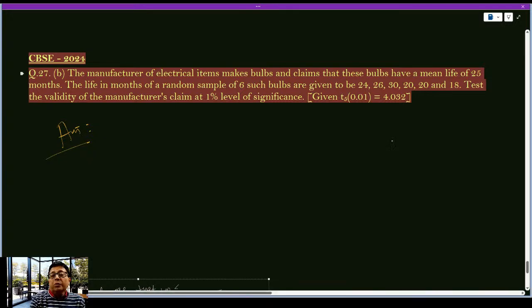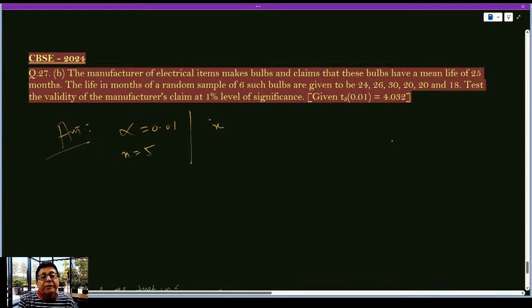So, what is alpha over there? And this is given 5. What does it mean? 5 means 5% level of significance. That value they have given. In the exam, hope that they will provide all the data. n equal to 5.